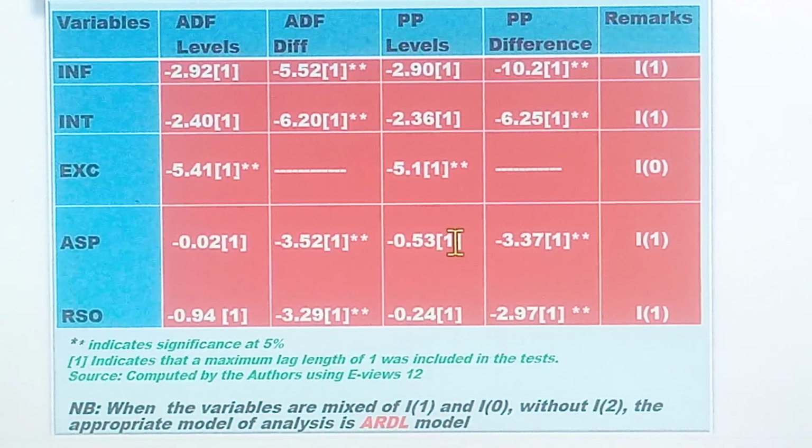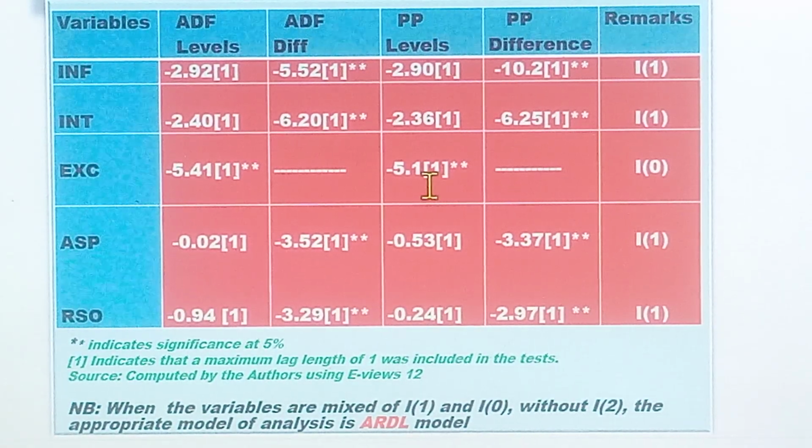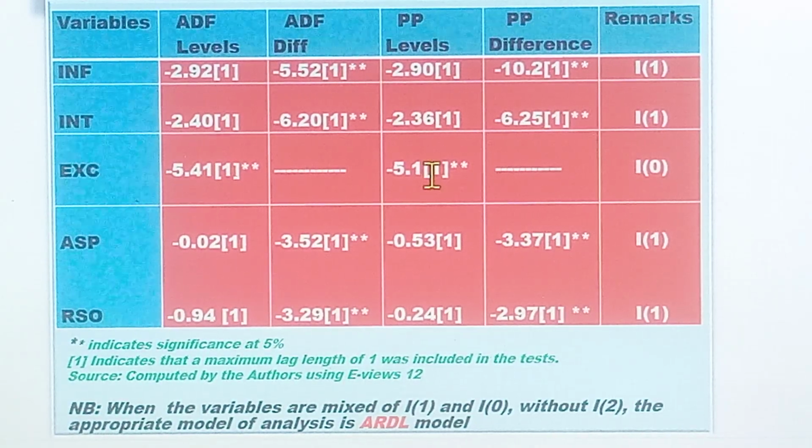The first is that the variables must have mixed order of integration, I(0) and I(1). The second condition is that none of the variables should be I(2). Then the third condition is that the dependent variable must be I(1). If the dependent variable is I(0), there are some views that ARDL model may not necessarily apply.